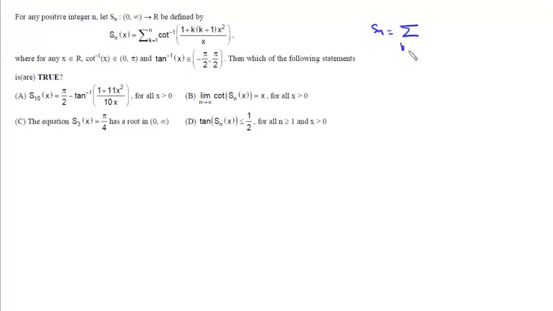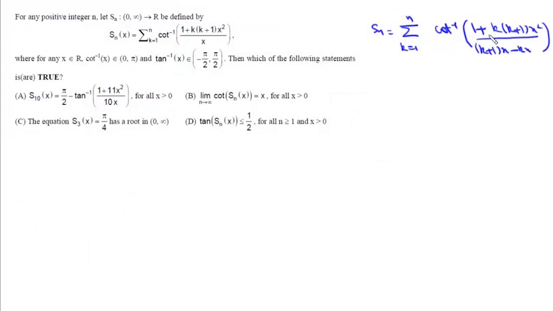Now here the question is, for any positive integer n, let Sn be defined as this summation k varies from 1 to n cot inverse of 1 plus k into k plus 1 x square upon x, and we'll write this x as k plus 1x minus kx.